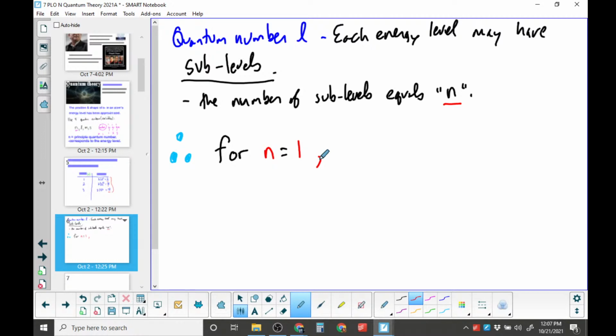Sabina. It is equal to n. It's just 1. So at this point, l is equal to 0. Not the amount. The first energy level l is 0.